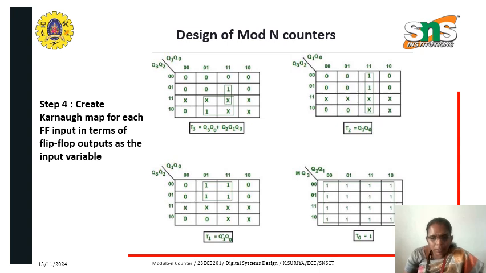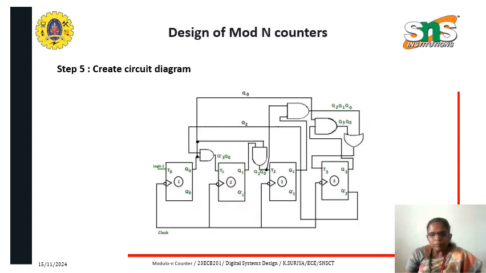For T1, it is Q3 dash Q0. And for T0, it is equal to 1. From the expressions, we'll be drawing the circuit diagram using T flip-flops. This is the circuit diagram. This is how a mod N counter is designed.